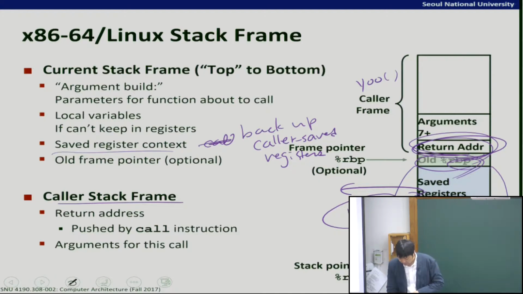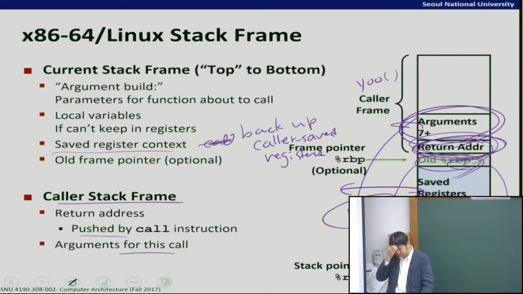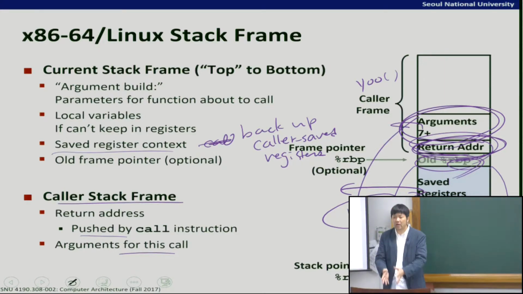So this is pushed by the call instruction. Once you recover this address, you come back to somewhere in the u function. Okay, and also there are arguments for this call. This one is the same as this part. That's the contents of this stack frame.